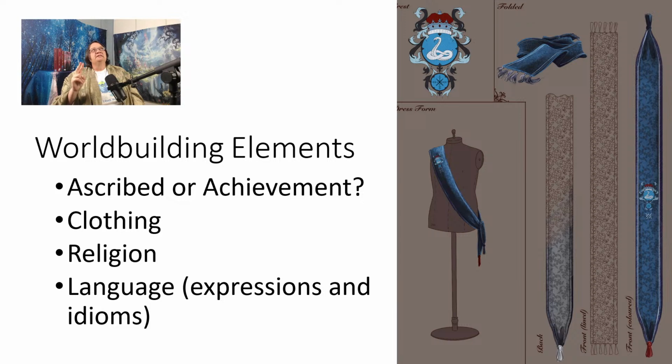These two things give you two different plot points to play with. In the ascribed side, you can either do a storyline of somebody being resentful of being born into their role, and they want to try and be better, or you can go the other way around and have somebody born to a very high role that they don't feel comfortable in, that they need to grow into. Both are interesting plot points.